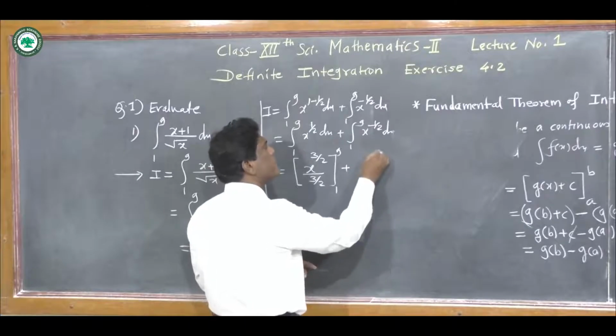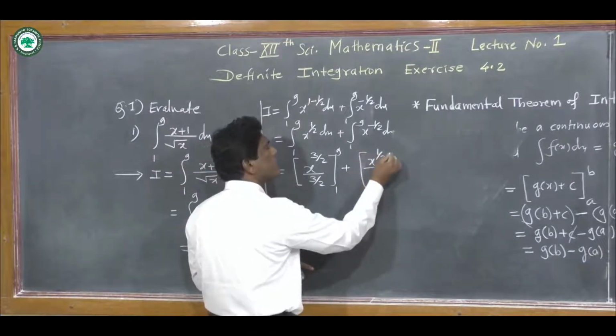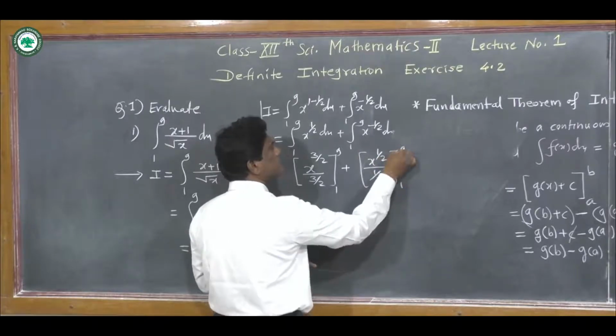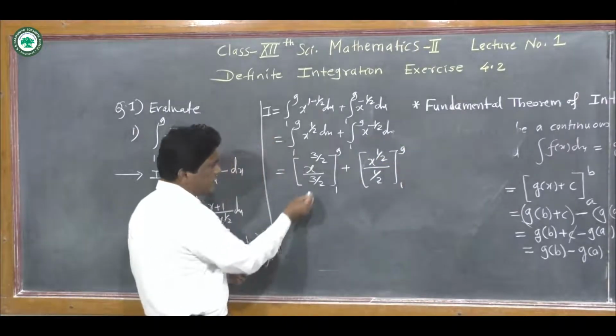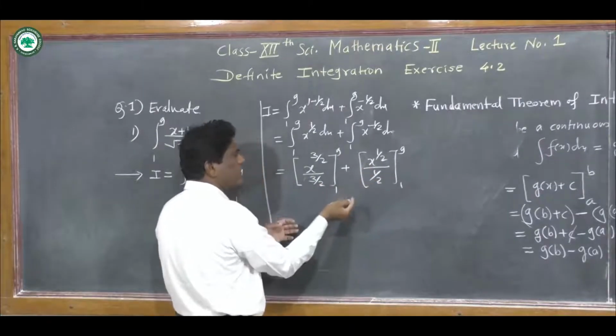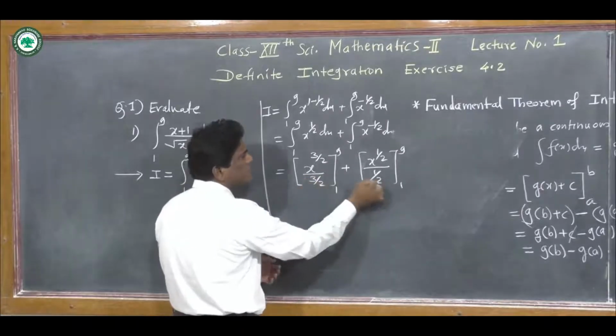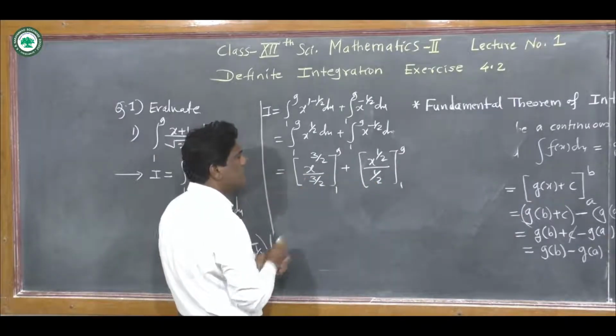So it is x to the power 1/2 divided by 1/2, from 1 to 9. Get it? Now here we do not put the value in this 3/2 or 1/2. These are constants, so take them outside the square bracket.